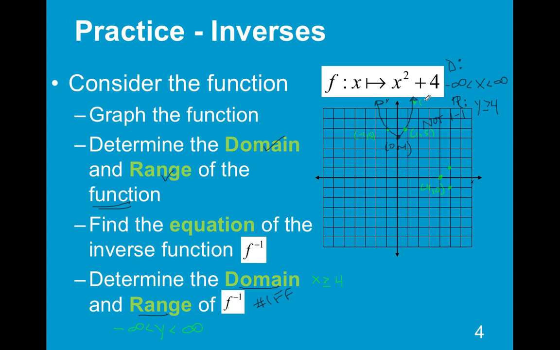We have (2, 8) and (negative 2, 8). The inverse is not a function. Since you had the right and left arm, you have the top and the bottom arm.